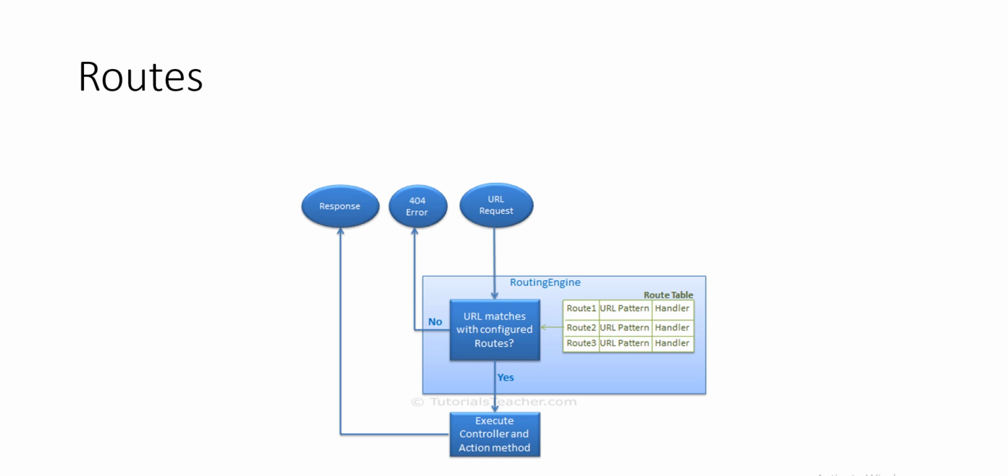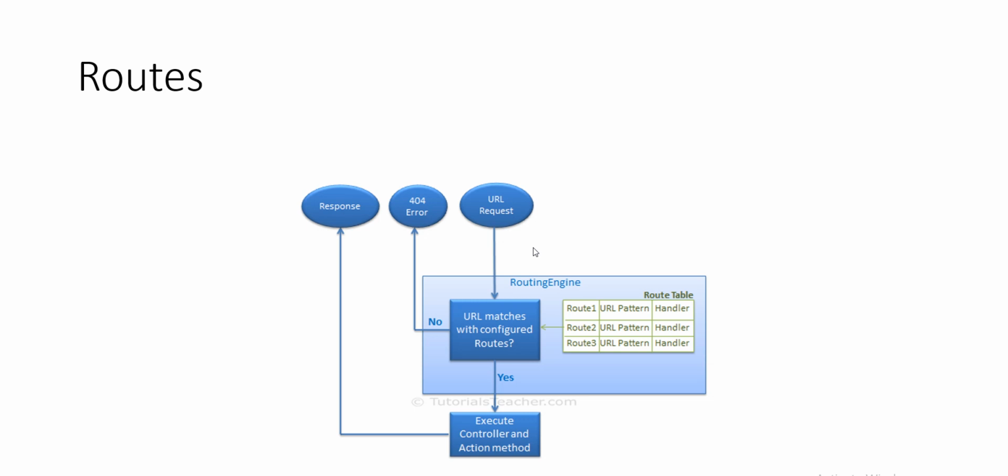Whenever a request comes from the browser, it is looked into the route table. You can see here Route 1 is mapped with a URL pattern, and against each URL pattern it is decomposed, and the relevant handler is taken from the route table.